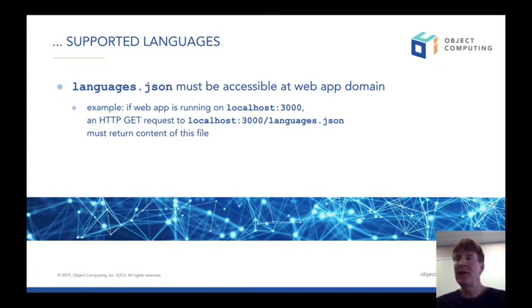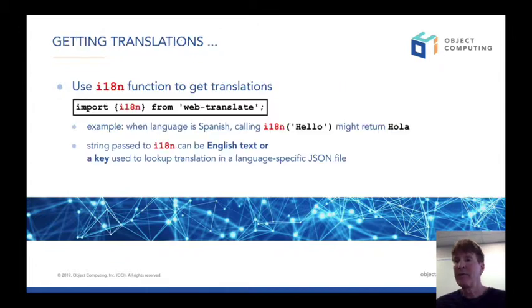For example, if the application is available at http localhost:3000, then a GET request sent to that with /languages.json must return the content of this file. This is accomplished by placing the file in the same directory as index.html. Often this directory is named public.